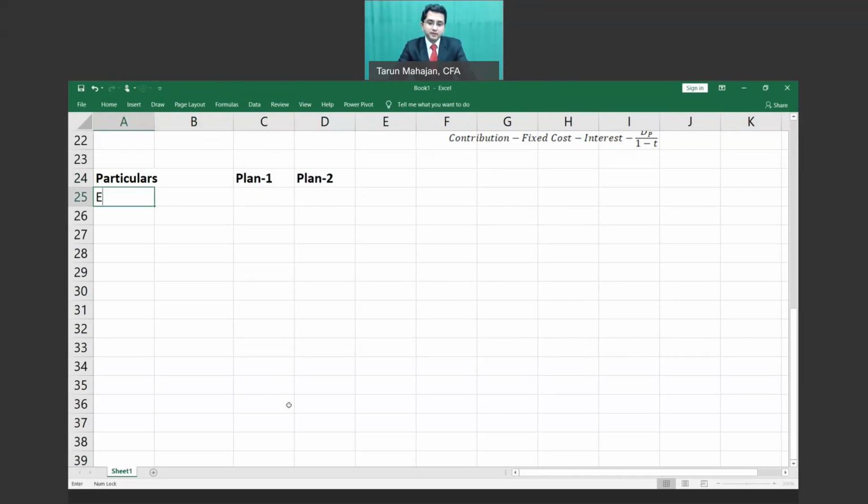Suppose you have 2 choices. You can issue equity shares of rupees 10 each for 2 lakh rupees and 10% debentures of 0 rupees, or you can issue equity shares for rupees 1 lakh and debentures for rupees 1 lakh, because your total capital employed requirement is actually equal to 2 lakh rupees.